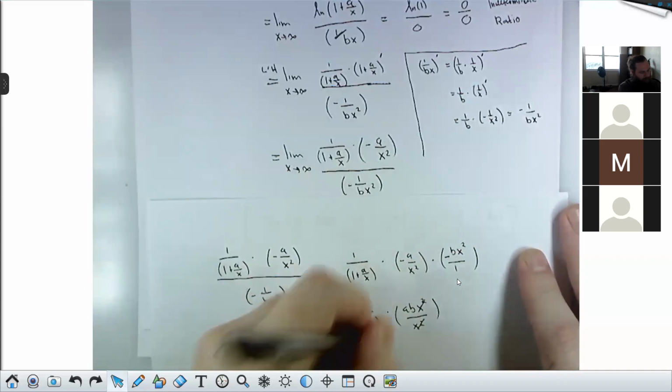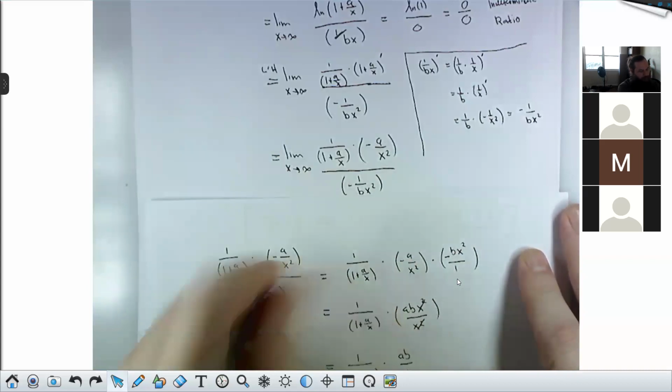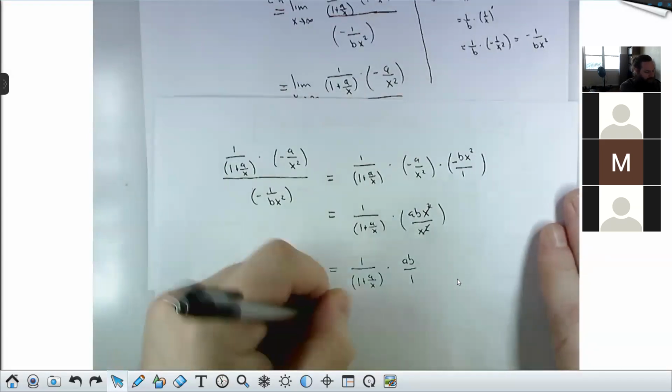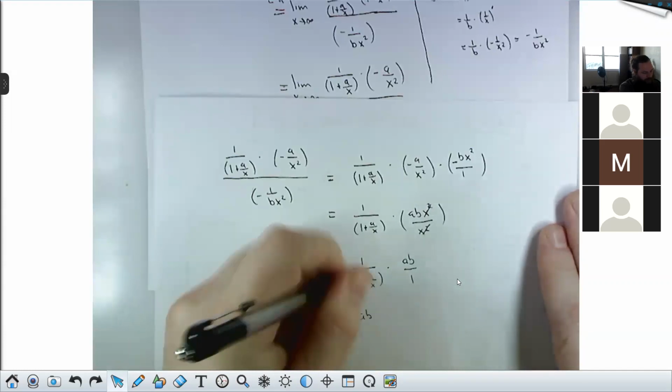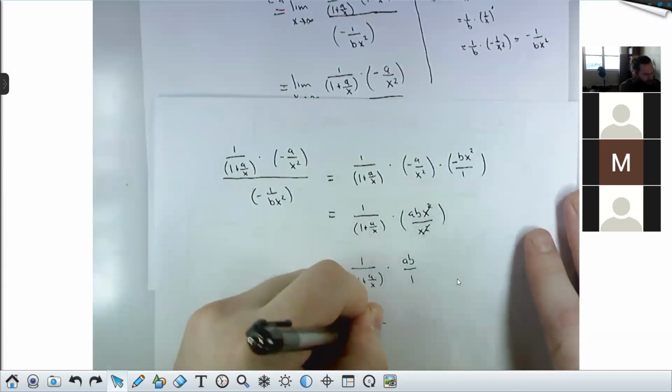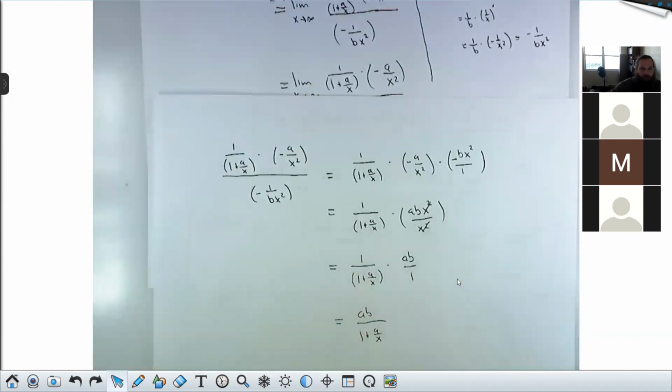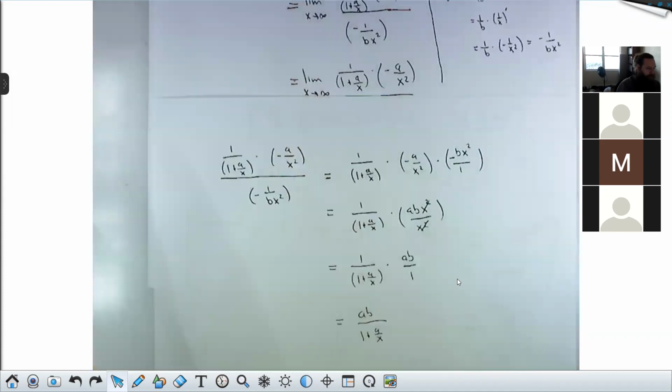When you cancel those x squareds, you get ab over 1. And now if I multiply these two fractions straight across, I get ab times 1 over 1 plus a over x times 1. So that's how we simplify those fractions. So then the limit of this is equal to the limit of this. And the limit of this is ab over 1, or just ab.